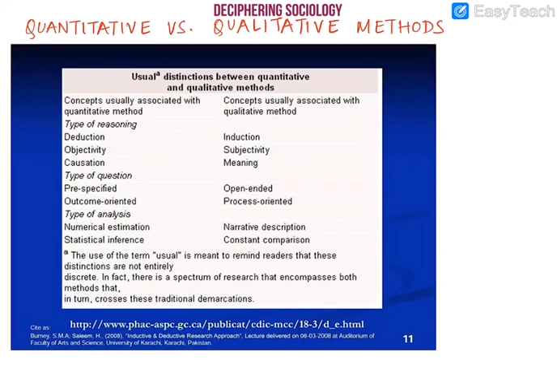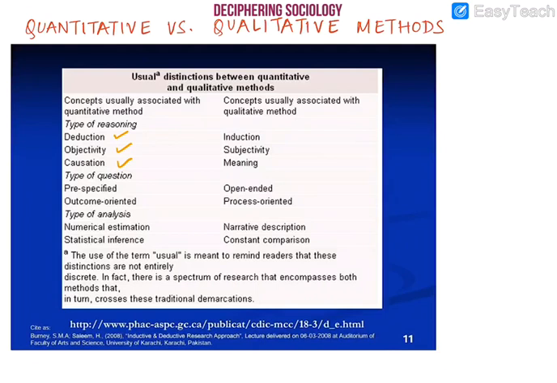Let's understand what is the difference between quantitative and qualitative methods. Although it has been done before, still let's look at it. A quantitative method follows a particular type of reasoning, that is deduction, objectivity and causation.